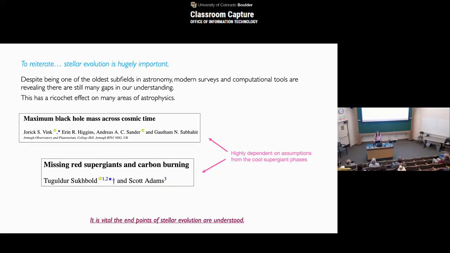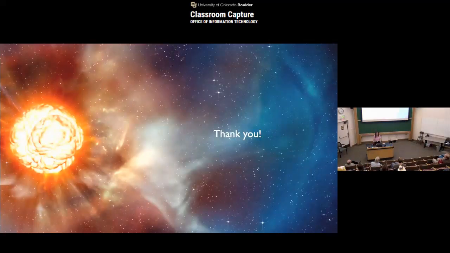Do we expect stars to implode or explode? Everything that is predicted by these kind of papers is highly dependent on the assumptions made during the cool supergiant phase. So I hope that I've convinced you through this talk that it's vital that we understand stellar evolution and that the endpoints of massive stellar evolution are understood. So I will wrap up there and say thank you.